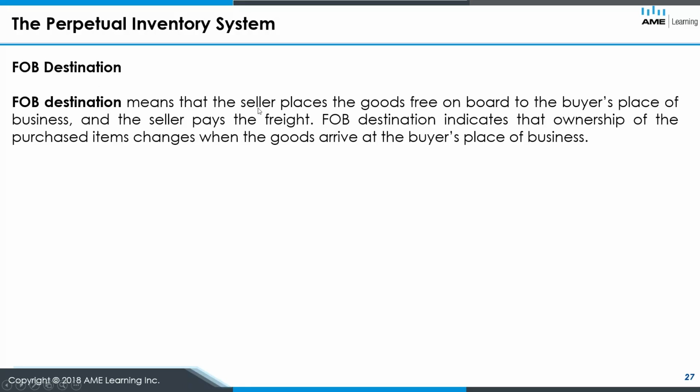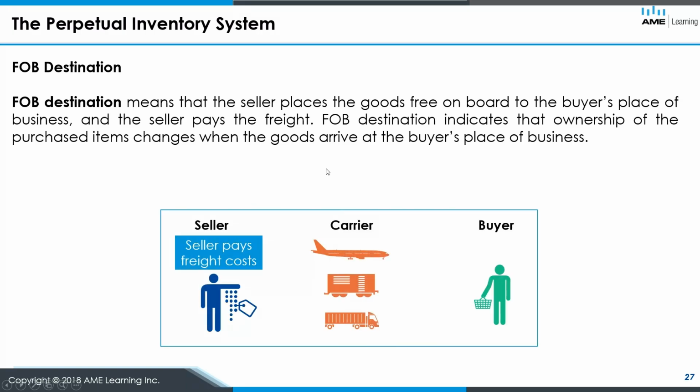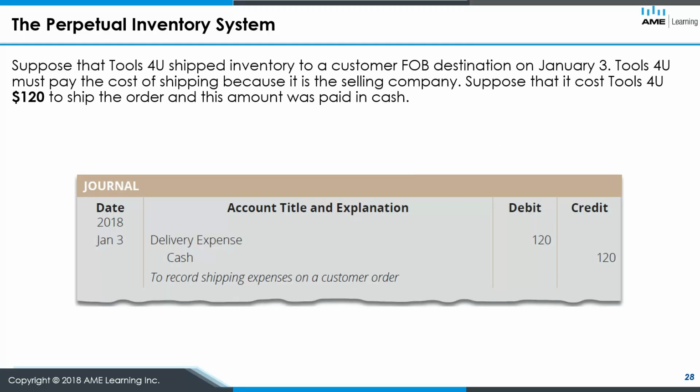And in this instance, the seller is going to be responsible for paying for the shipping costs. And like I said, the sellers may be the ones responsible for paying for insurance as well, just so that if something does happen, they don't have to incur that expense.